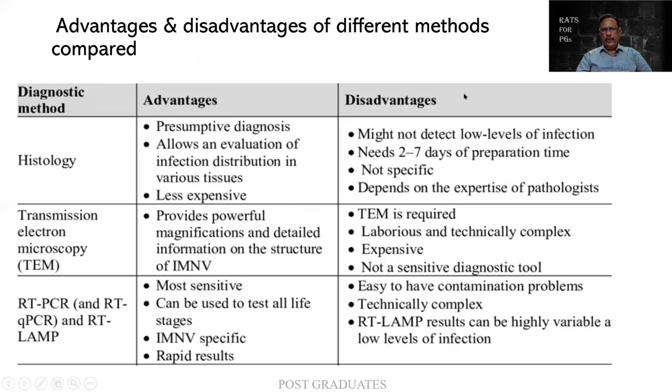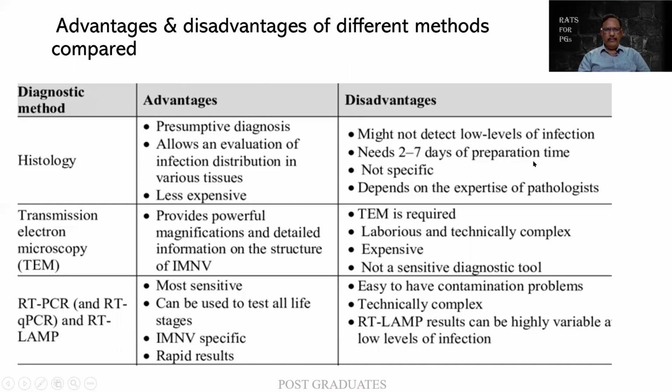Also, I have shown you what are the advantages and disadvantages of the various methods as such. The histology, transmission electron microscopy, RT-PCR. So in each of these, there is a list of advantages and then disadvantages. Histology, for example, you can make a presumptive diagnosis, and the only thing is you will not be able to detect a low level of infection.